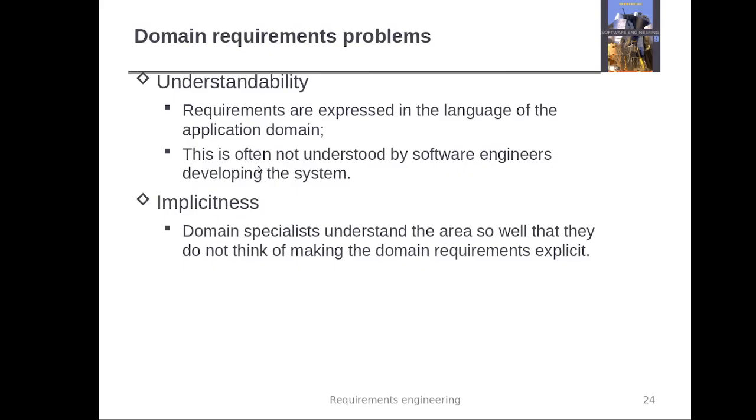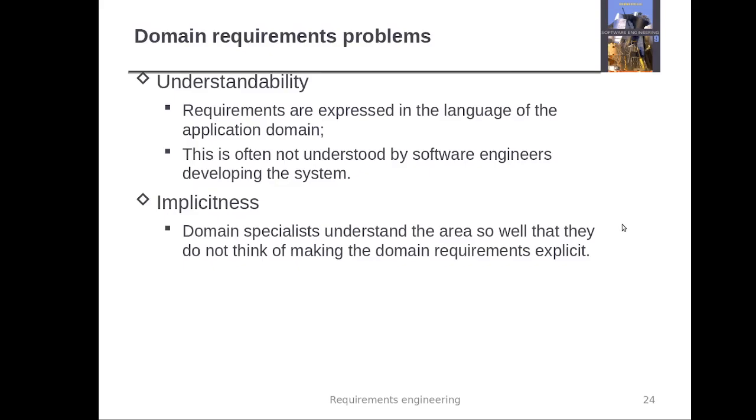This is often not understood by the software engineers developing the system, right? Implicitness is what? Domain specialists, like those people who are working in the train domain, understand the area so well that they think everybody will understand. They do not think of making the domain requirements explicit.